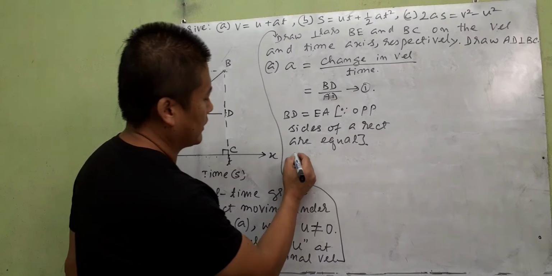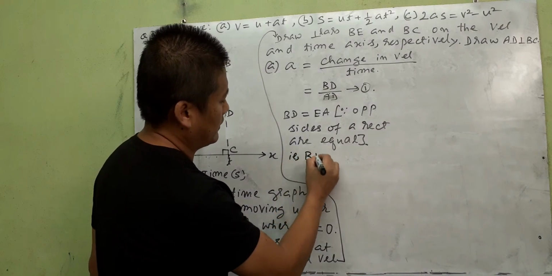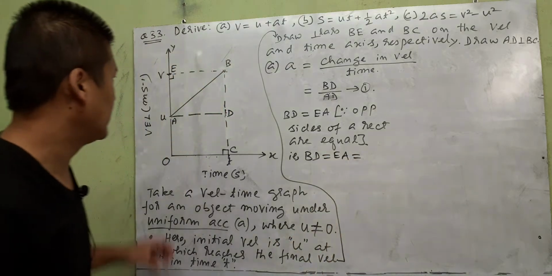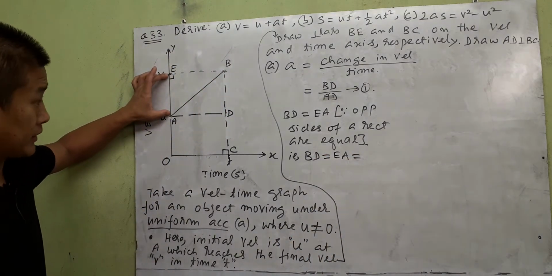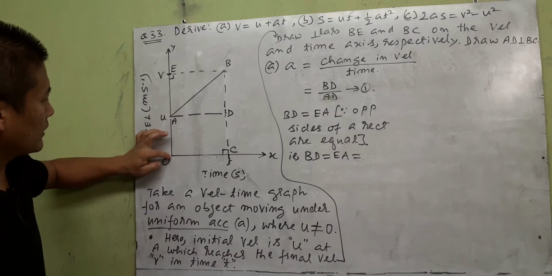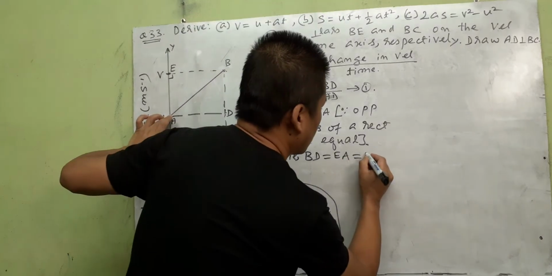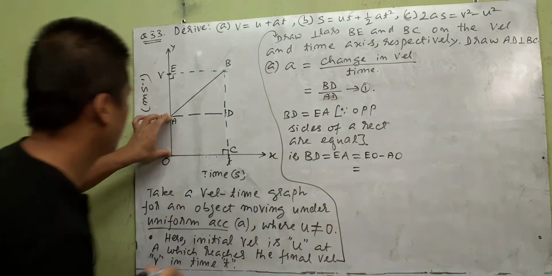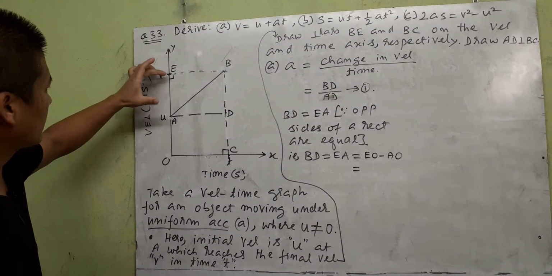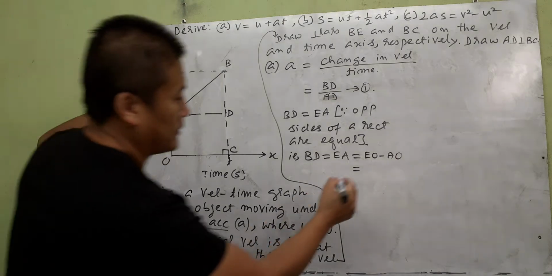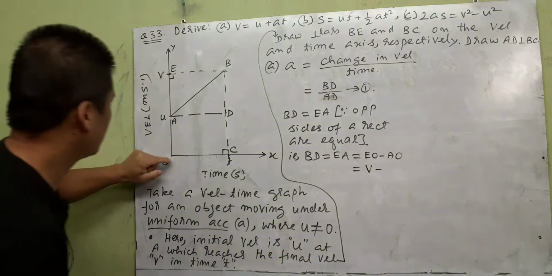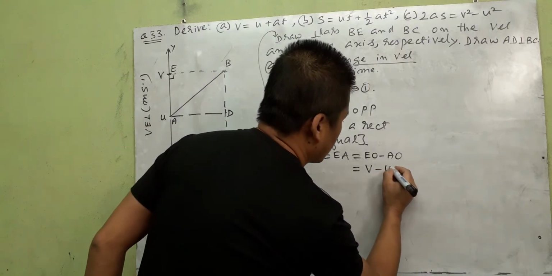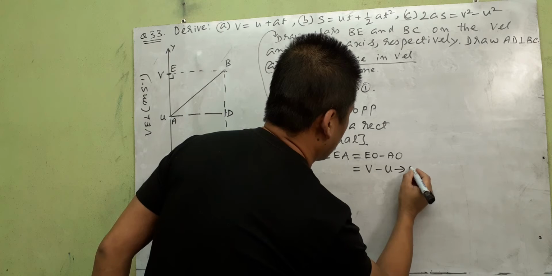So we can write BD, which is already proved equal to EA, as EO full line minus AO. That will be equal to EO, which is V, final velocity V, minus AO, which is the initial velocity U. This is equation number 2, let us say.